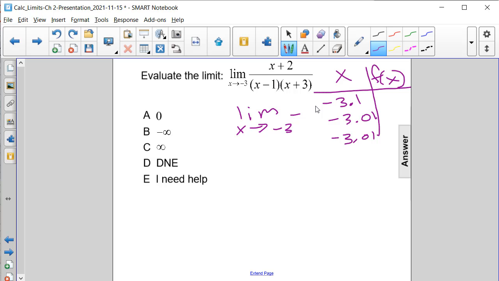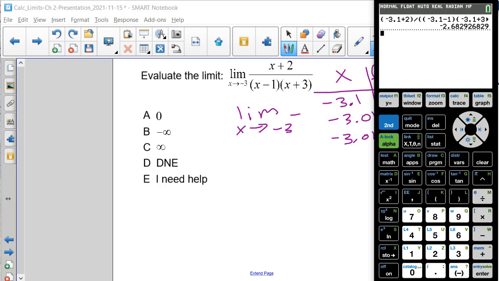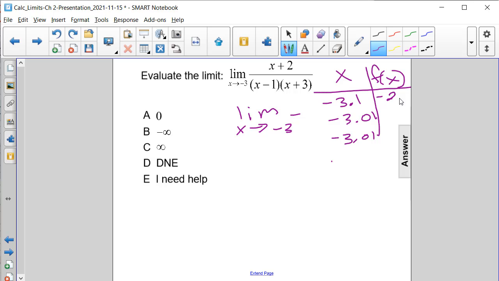If we substitute negative 3.1 into our function, on the calculator we end up getting about negative 2.68. Okay, now let's try negative 3.01.